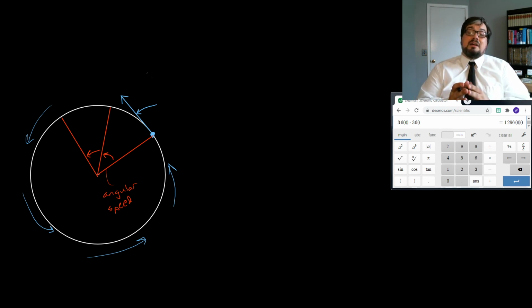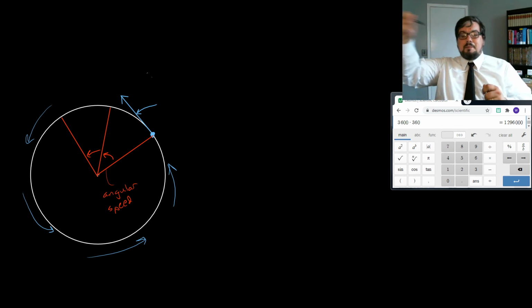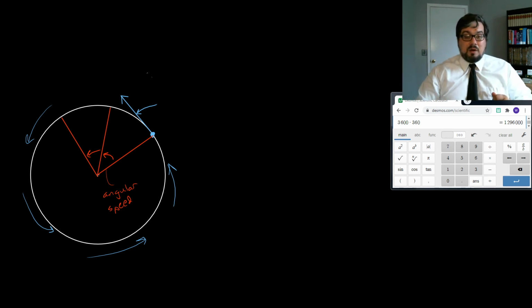Another way to think about this is that if this object is being spun about on a rope, and then all of a sudden the rope is released, then that object is going to continue flying in the same direction. It's going to continue flying straight in the same direction that it was right at that instant when it was released.